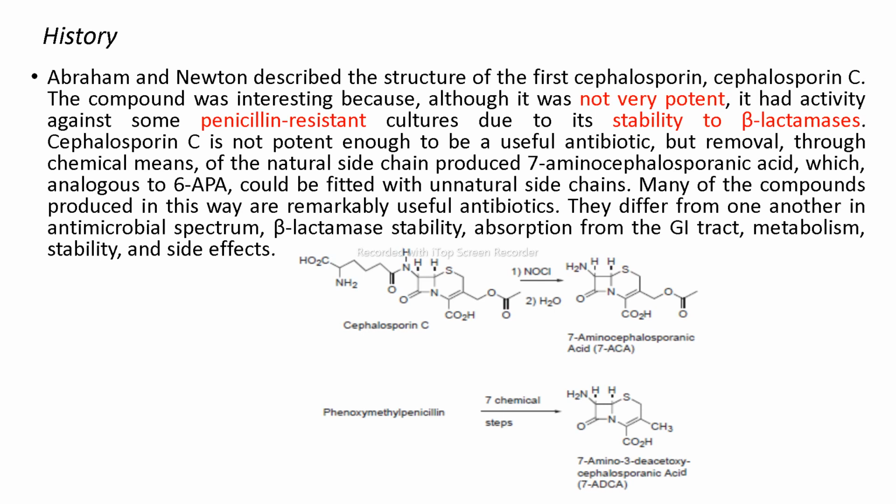So the structure of 6-APA is somewhat similar to the structure of 7-ACA. So later on, several other penicillin derivatives were degraded into compounds which are derivatives of 7-ACA, which show a little bit of antibiotic activity.